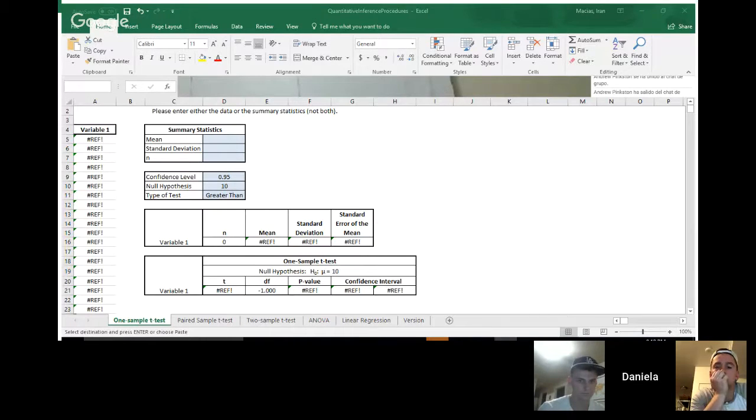So 6.652. And I think the other way that you could find that is if you said, okay, my upper limit, which is 18.607, minus the mean, which is 11.955, 6.652. Yep. So those are the two ways I think you can find it.